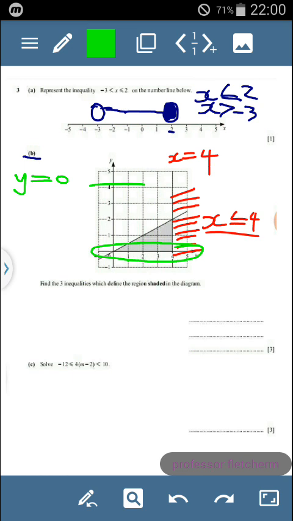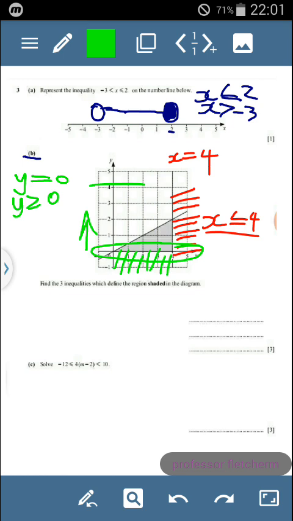But we notice that this region is not wanted, and y is incrementing, so y is greater than 0. But again, it's a solid line, so y is greater or equal to 0. So that will be inequality number 2.